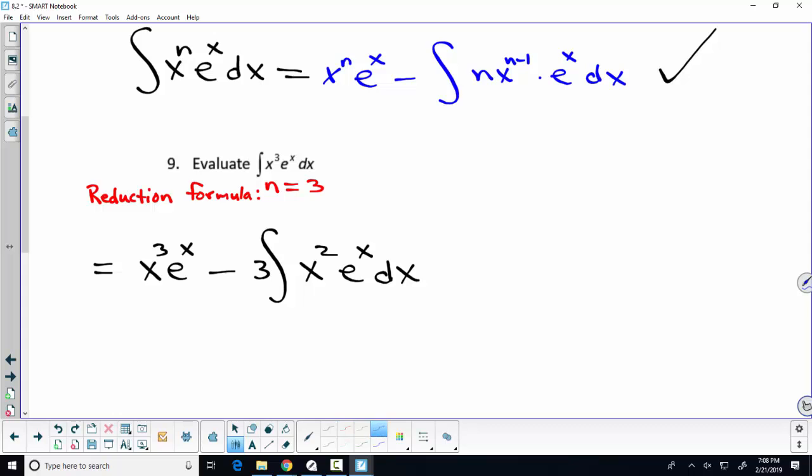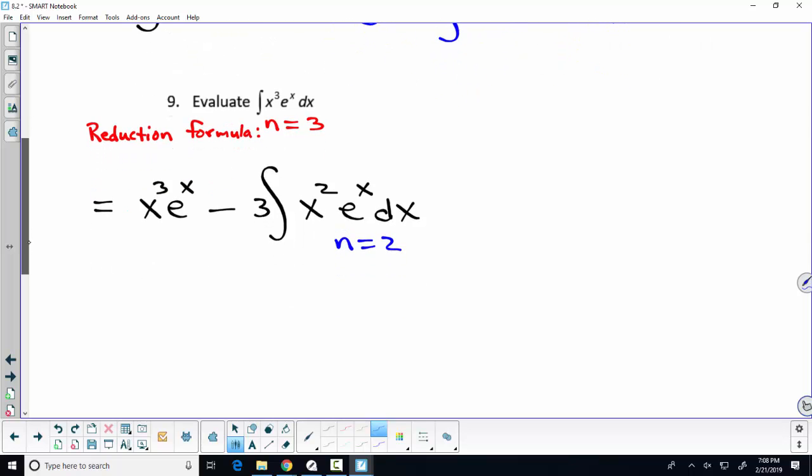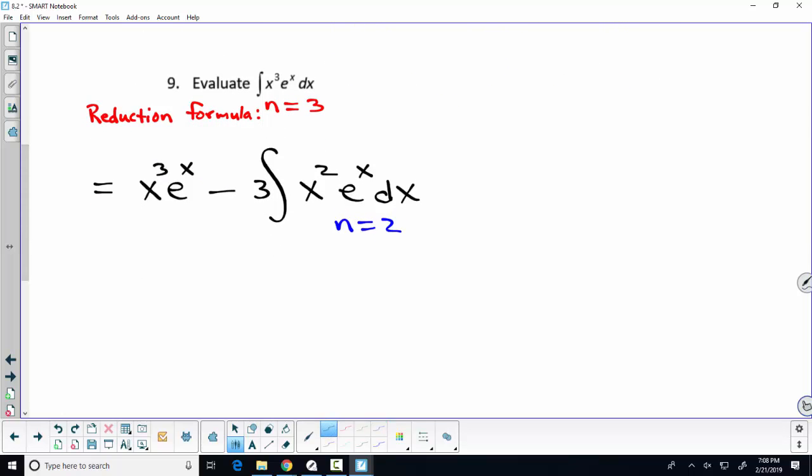Same thing, reduction formula, now n is equal to 2.